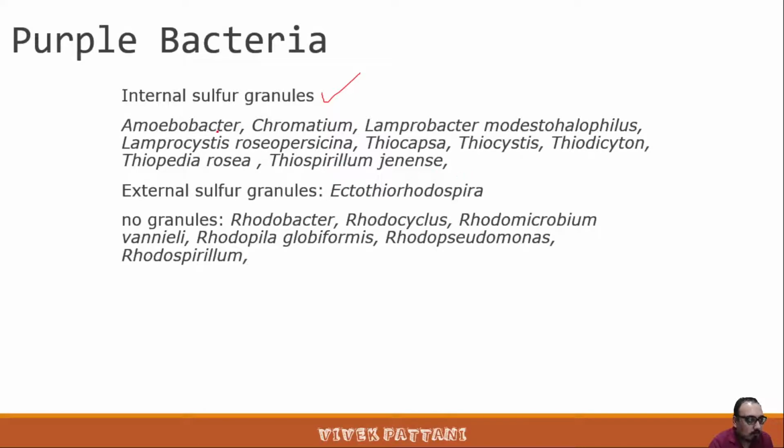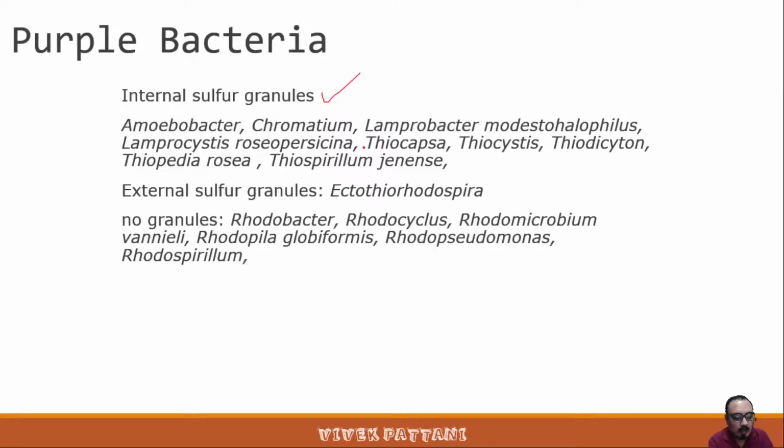Now moving forward with the examples of purple bacteria. In purple bacteria there are two types: purple sulfur bacteria and purple non-sulfur bacteria.